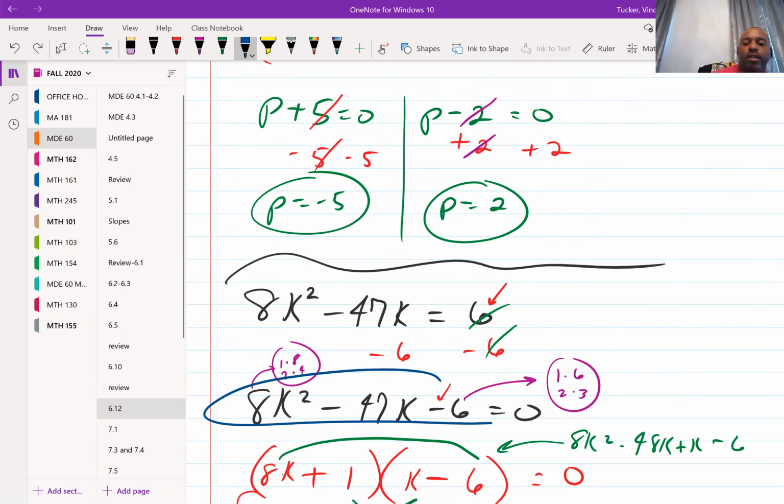That'll put us right here at 8k squared minus 47k minus 6 equal to 0. From there, we want to factor this out, exploring what I have as options for 6 and 8. What two numbers will multiply to give us 6, what two numbers will multiply to give us 8.